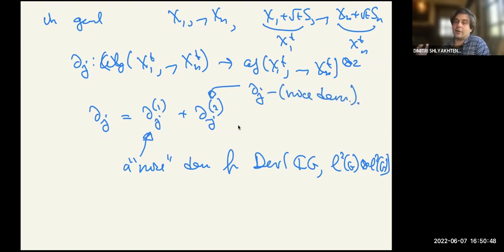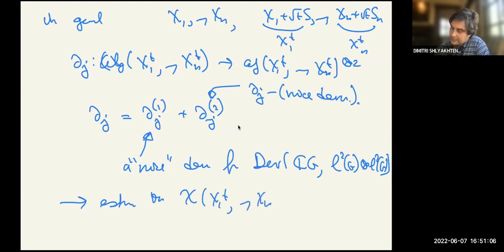And just this very silly decomposition, which is analogous to saying that an arbitrary vector field on Rn you can decompose into a tangent one and one that's normal, gives you some estimate about behavior of chi of x1t, ..., xnt as t goes to 0, that actually, when you combine it appropriately, gives you an upper estimate. From that, you get that delta star is bounded from above by this number.